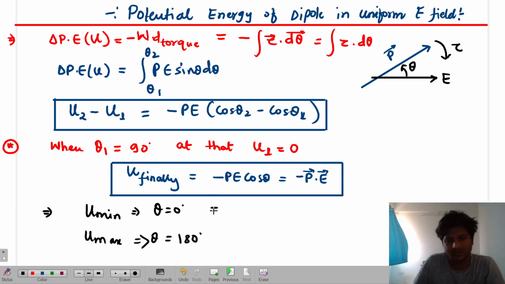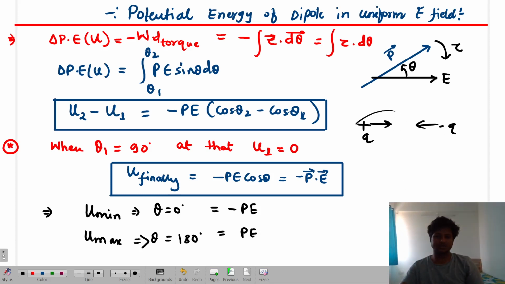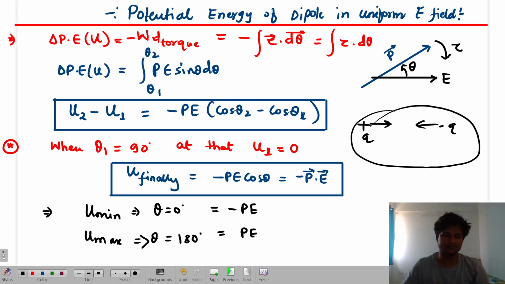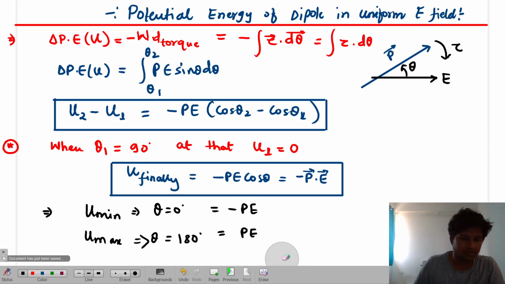So the minimum is minus pE, and the maximum is plus pE. Plus pE means here is my positive charge, here is the negative charge. The plus charge will feel the electric field force towards this side, and the minus towards this side. So this is the least stable configuration, that is why it has maximum potential energy. Are you able to get me?